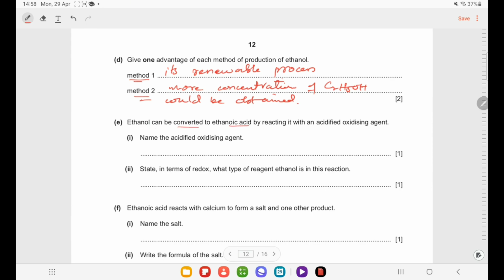Ethanol can be converted into ethanoic acid by reacting it with an acidified oxidizing agent. We have learned this reaction, how ethanol could be oxidized into ethanoic acid.